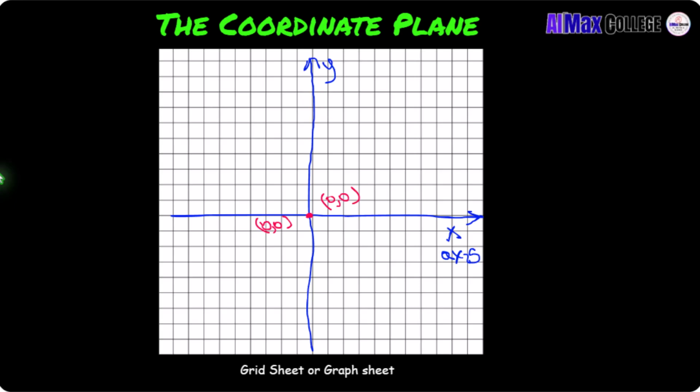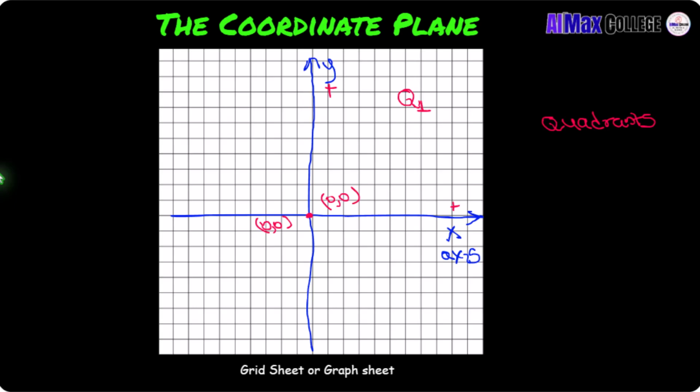We call them quadrants. Quadrant 1 is top right. Both x and y are positive in the first quadrant.